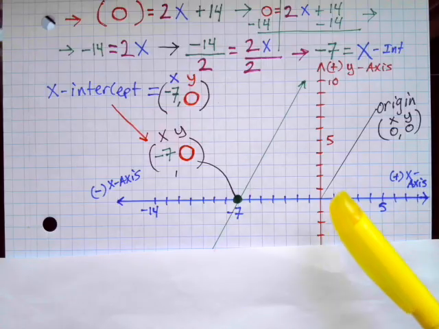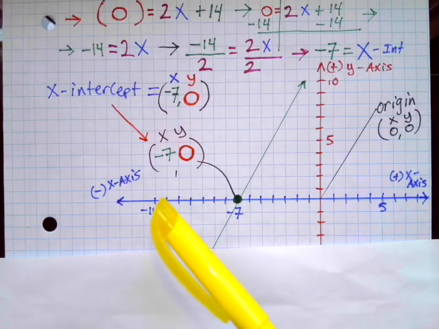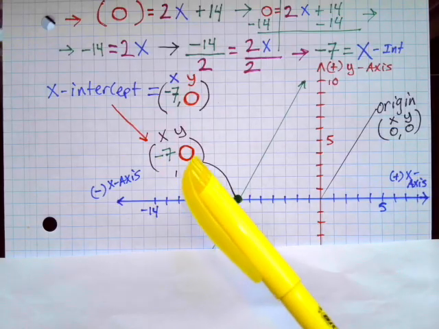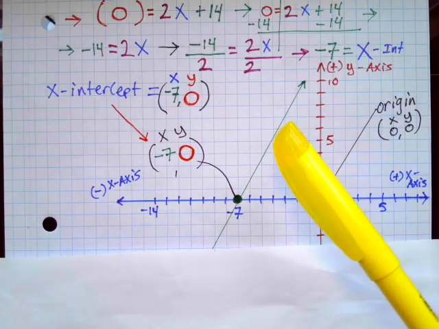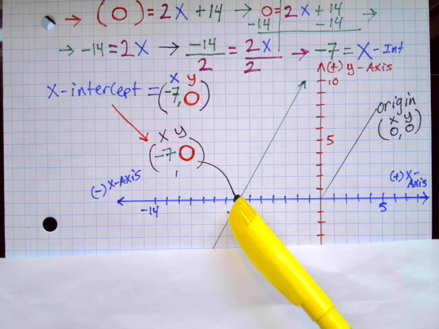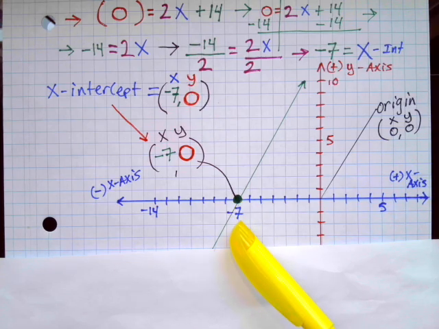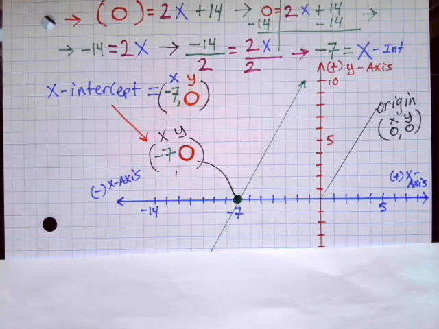The x-axis is right here in blue. At negative 7 for x, 0 for y. This is my x-intercept right at that point right there. So that's how you find, given an equation, what your x-intercept is.